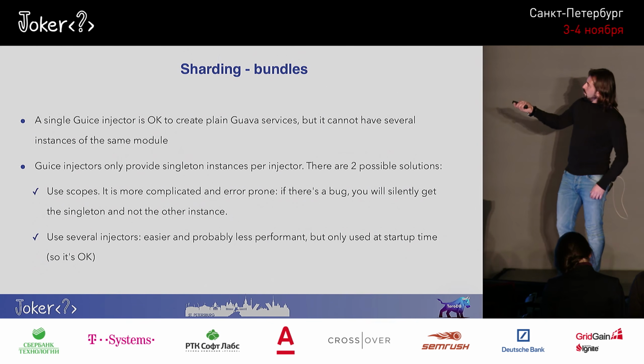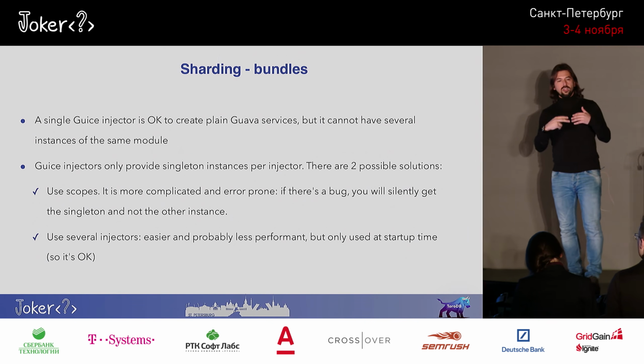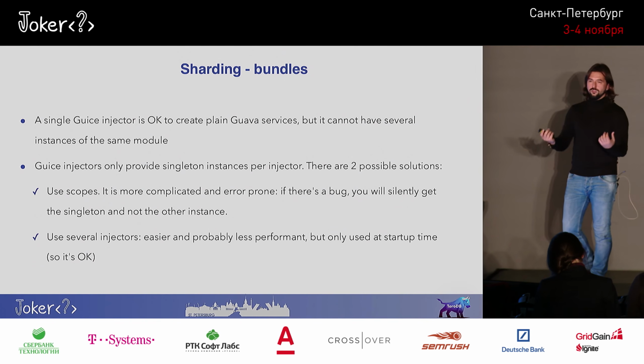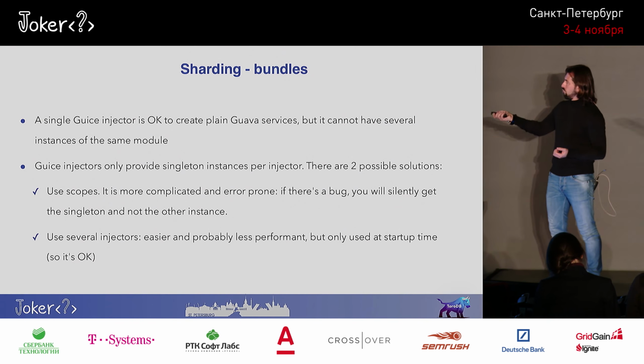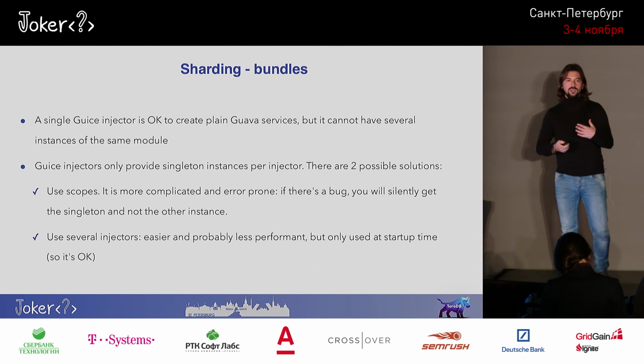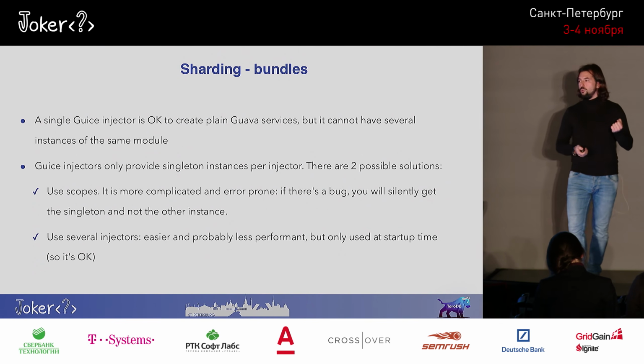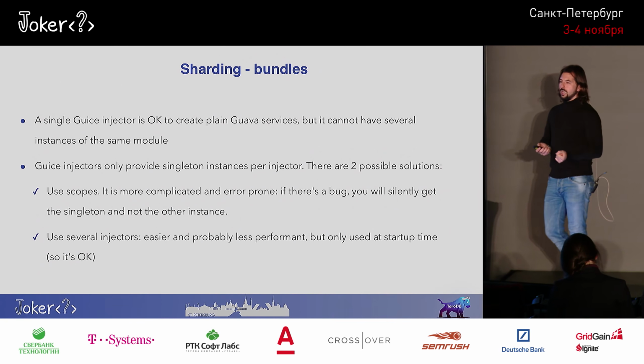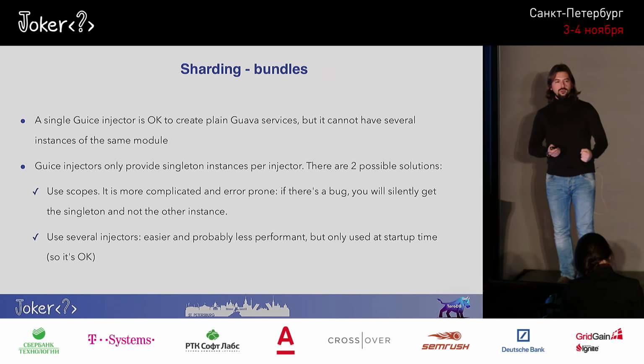And as I was referring to about the injection, to avoid injecting the same singleton instance, we considered two approaches. The first one is to use a facility of Guice called scopes. In theory, this could be good and probably could work, but we decided not to take this route.